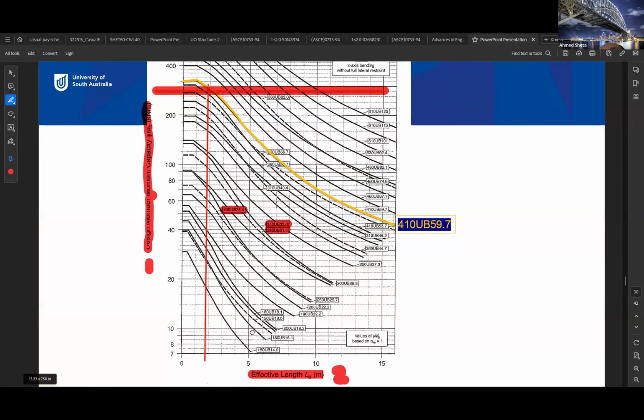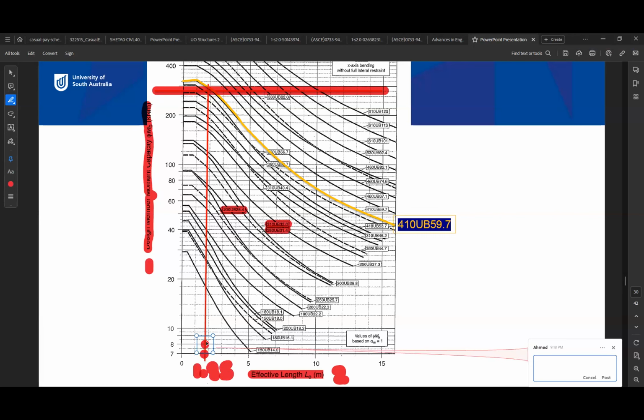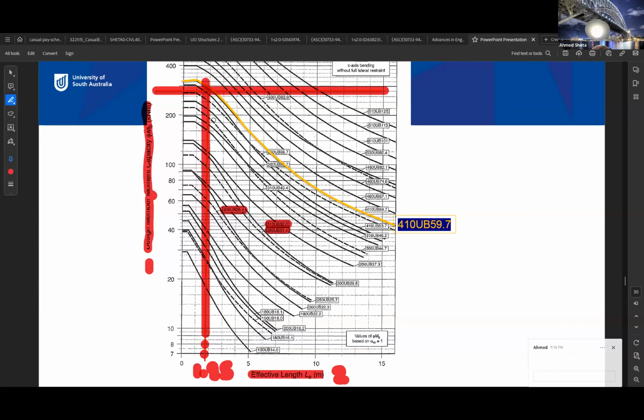So if we go to this chart, here is the point of 1.85. Is that correct? So we will go up with a straight line, vertically, until we intersect with our horizontal line.